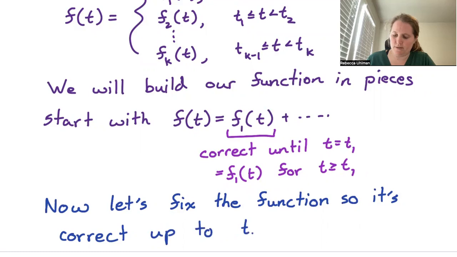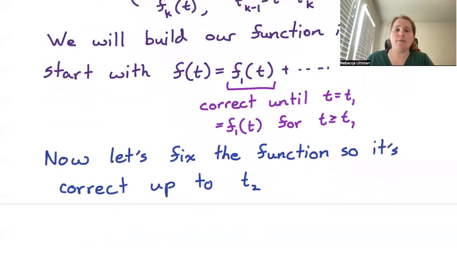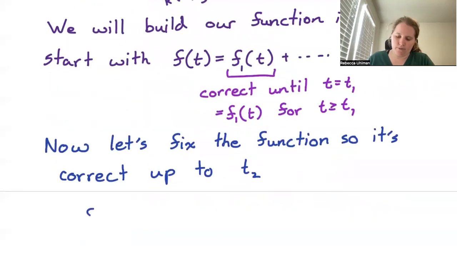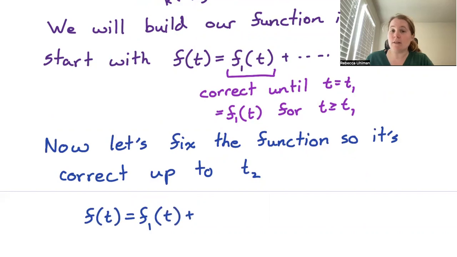The way we will do that is we will start off with f of t equal to f1 of t. And now we want to leave it alone up to t1. So we will use the step function evaluated at t minus t1. Multiplying by that, up through t1, it'll be like we add 0.